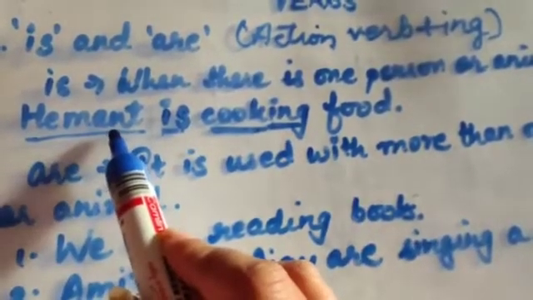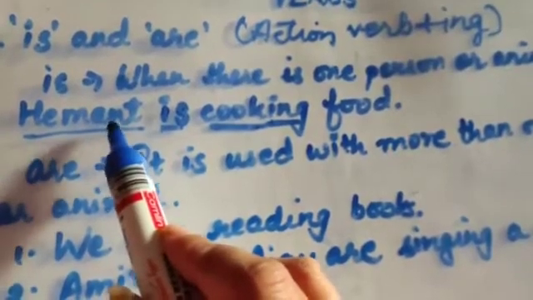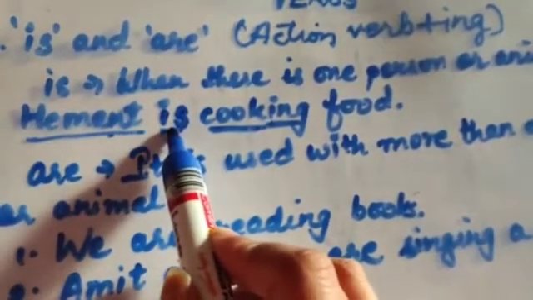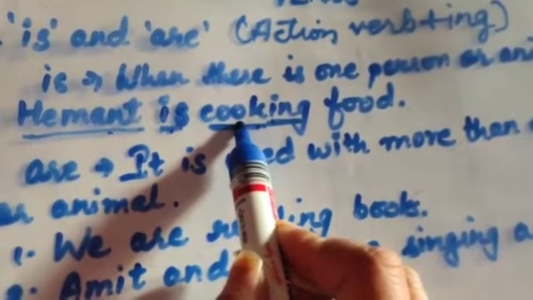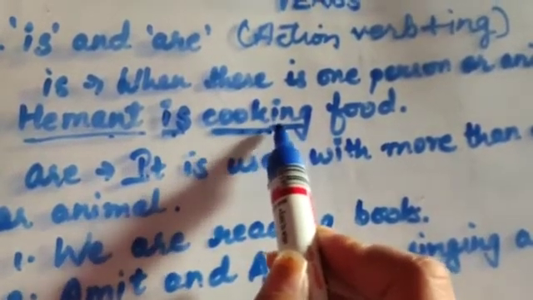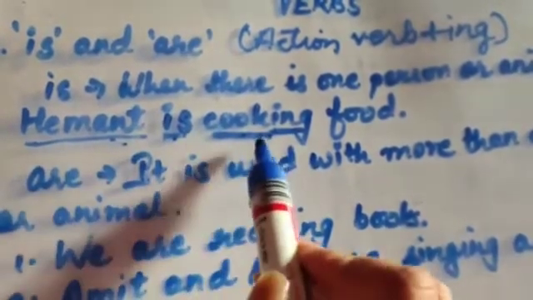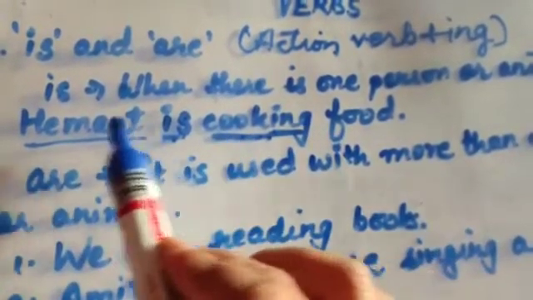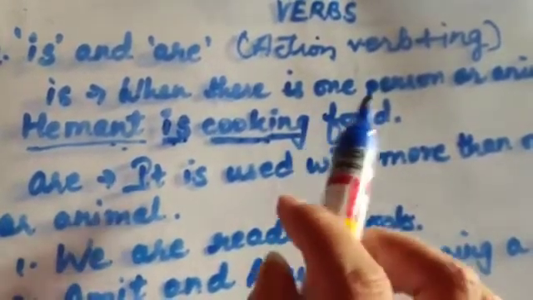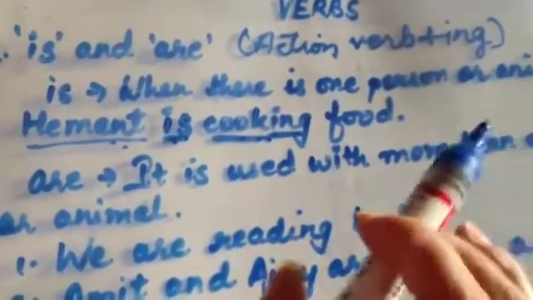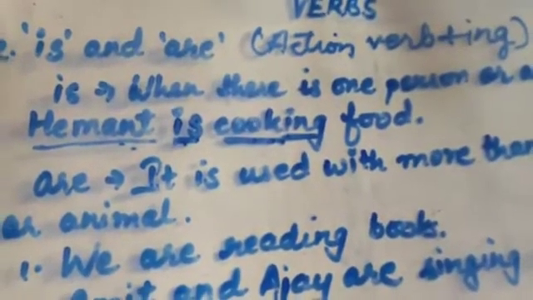Now Hemant is one person. So with one person or one animal, what will we use? Is. Okay, and is is used with the action verb, which is cook, and what have we added with the action verb? ing. So Hemant is cooking food, and we use is and are only when the action is happening at present, means the action is happening right now when we are talking about it.